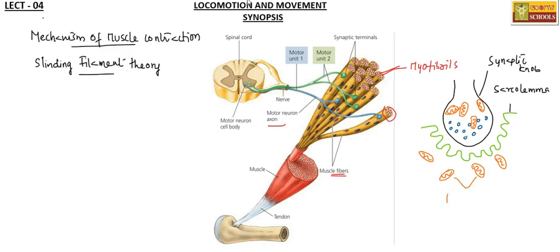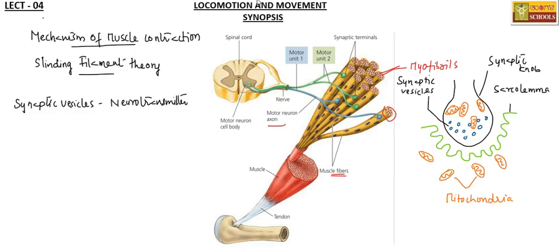These are all the mitochondria, and these are the synaptic vesicles. These synaptic vesicles will contain neurotransmitter, like acetylcholine.